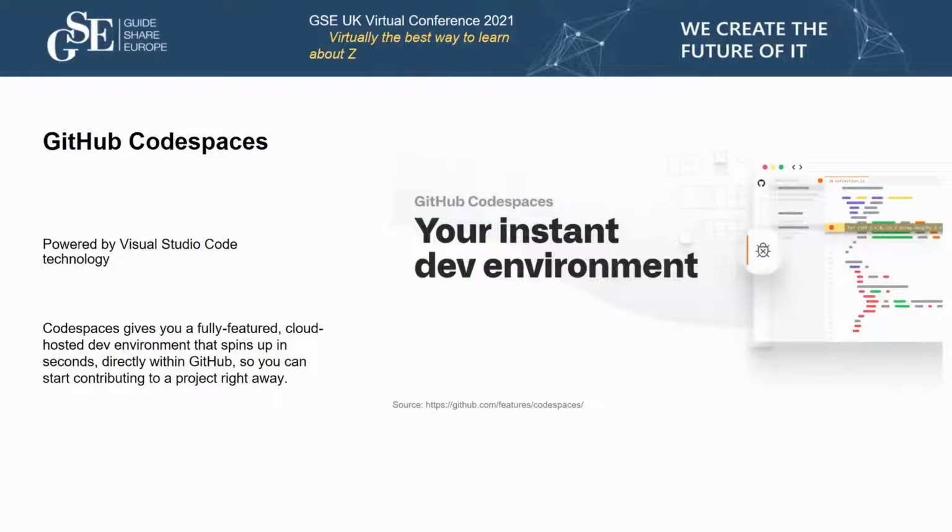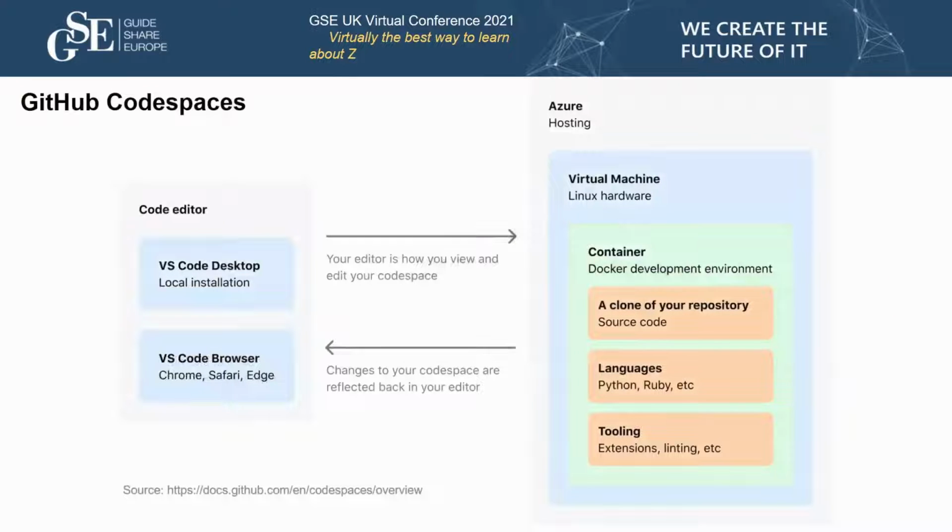Another emerging cloud IDE is GitHub Codespaces, and this is powered by Visual Studio Code technology. It gives you a fully featured cloud-hosted dev environment that spins up in seconds, and you can use it directly within GitHub, so you can start contributing right away. The concept of Codespaces is a virtual machine, hosted on Azure, with Docker container development.